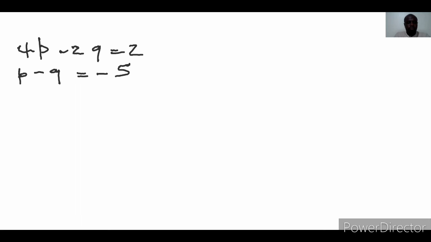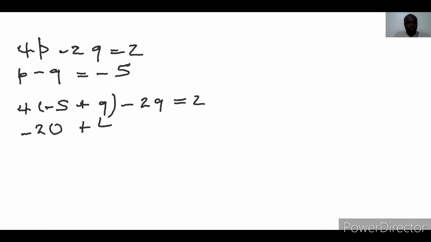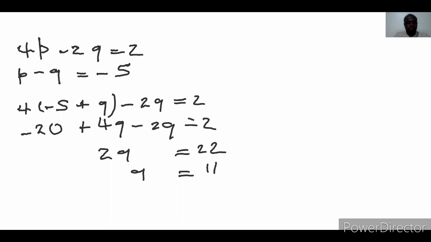So for equation number 1, where we're finding q, we're going to have 4(negative 5 plus q) take away 2q equals 2, and negative 20 plus 4q minus 2q is going to equal 2. 2q would be equal to 22, and q would then be equal to 11.